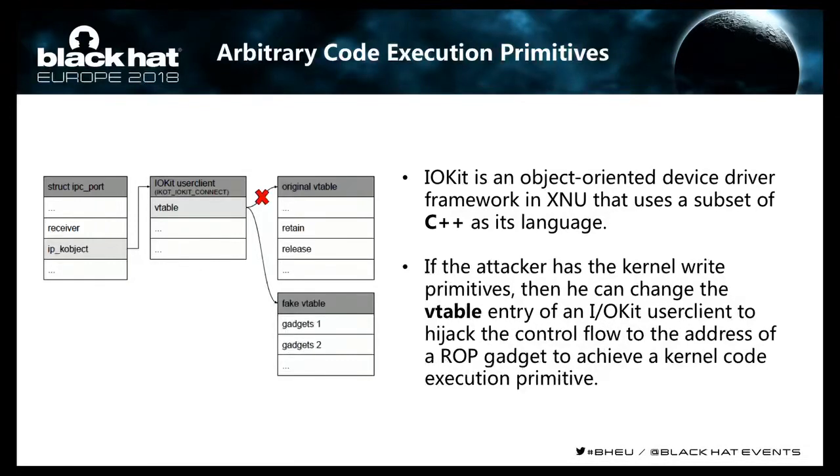In user space, apps can communicate with IOKit user clients, which are IPC port kernel objects with the IOKit connection type. Consequently, if the attacker has kernel write primitives, he can change the vtable entry of an IOKit user client to hijack the control flow to the address of a ROP gadget to achieve an arbitrary kernel code execution primitive.